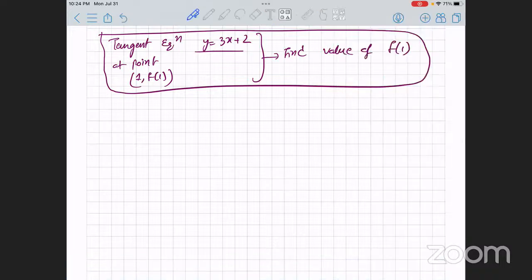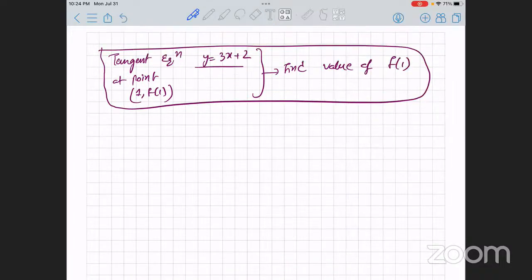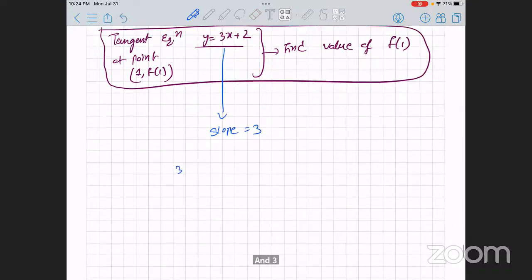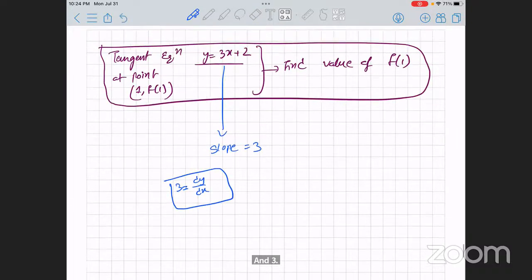I will solve it. Look, what is the slope? Slope equal to 3. So 3 equal to dy by dx. Agree? How will you find f of 1? Let's substitute that point in the equation, sir.